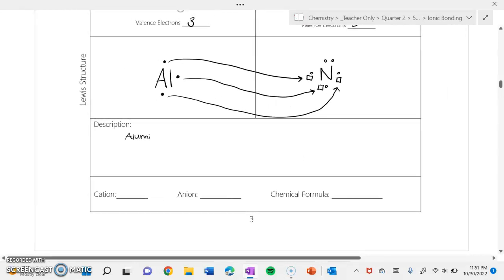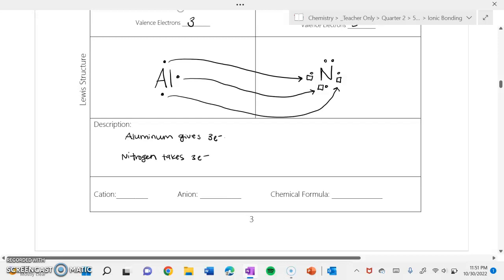So our description is that aluminum gives 3 electrons, and then that becomes stable, and nitrogen takes or gains 3 electrons.